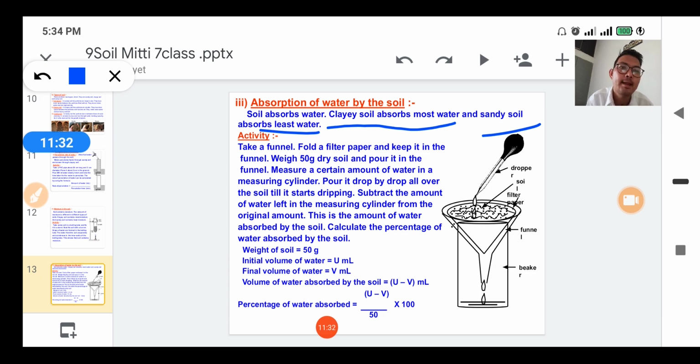Now I'll explain you an activity of how we can calculate the percentage of water absorbed by the soil.